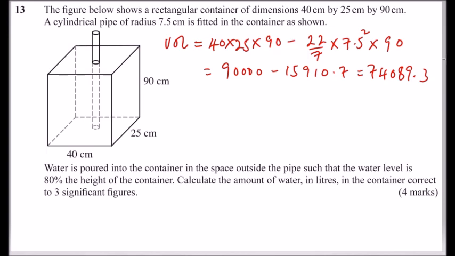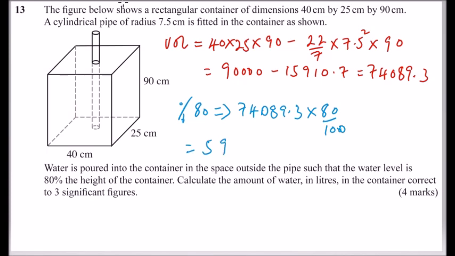Subtract, when we take away the volume of the pipe. So this means that we can get 80% of this. 80% implies 74,089.3 multiplied by 80 divided by 100, and when you multiply that, you should get 59,271.4.